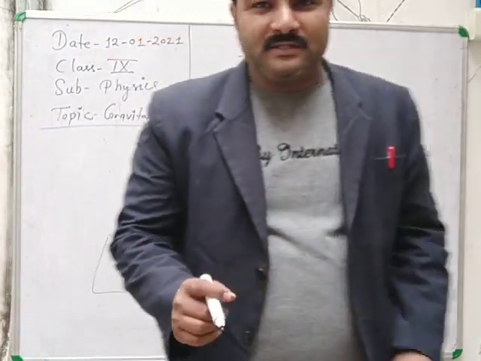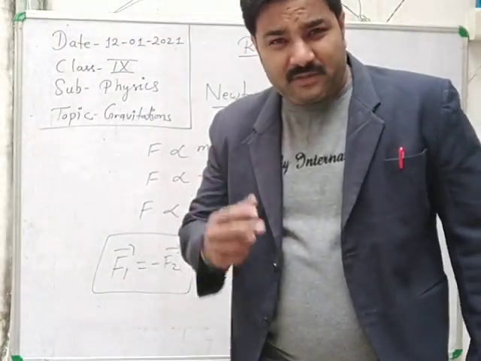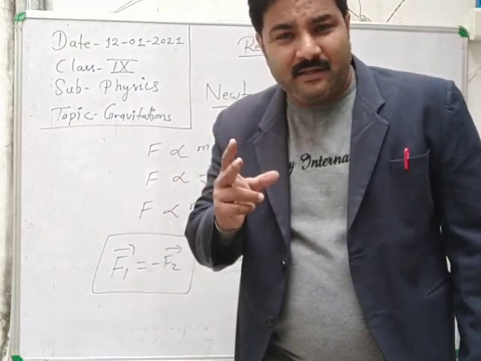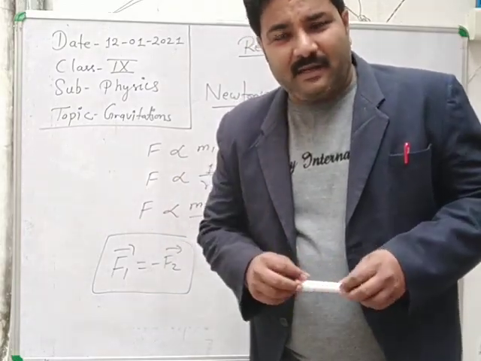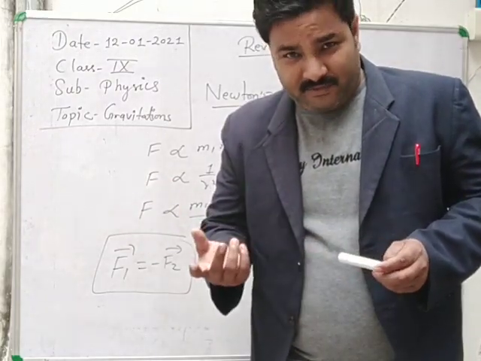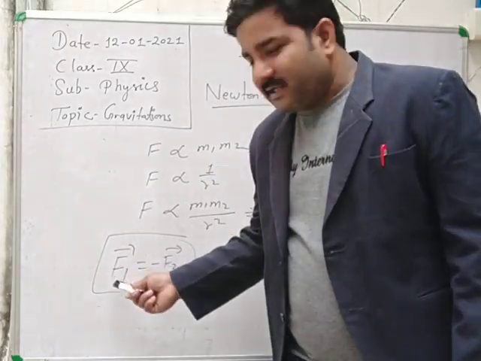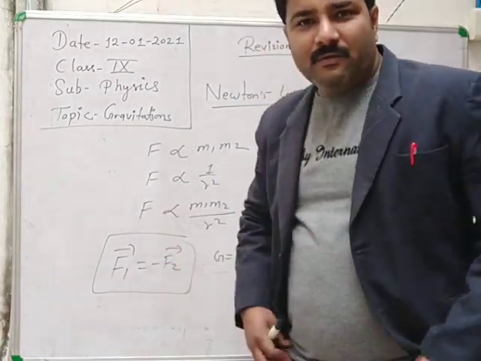Clear? Two bodies held at a finite distance, having masses m1 and m2, apply force on each other, and the magnitudes of their forces will be equal and opposite in direction. That's why here vector F1 is equal to minus vector F2. Clear?